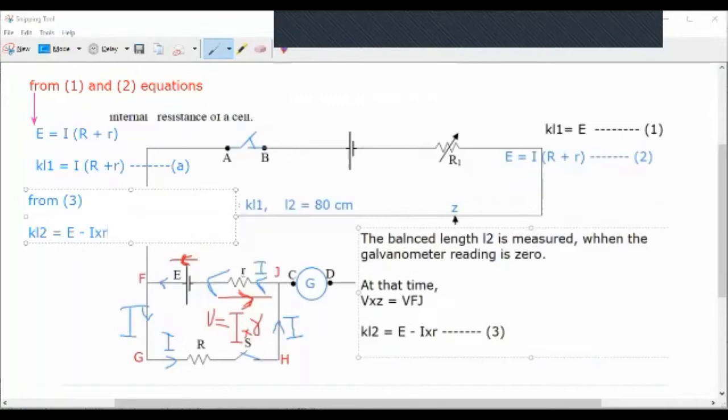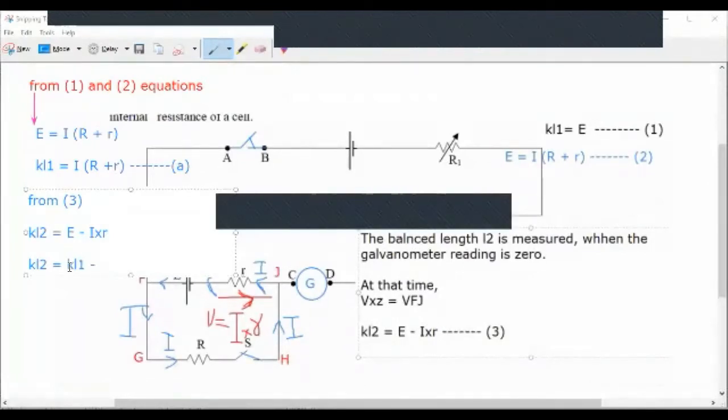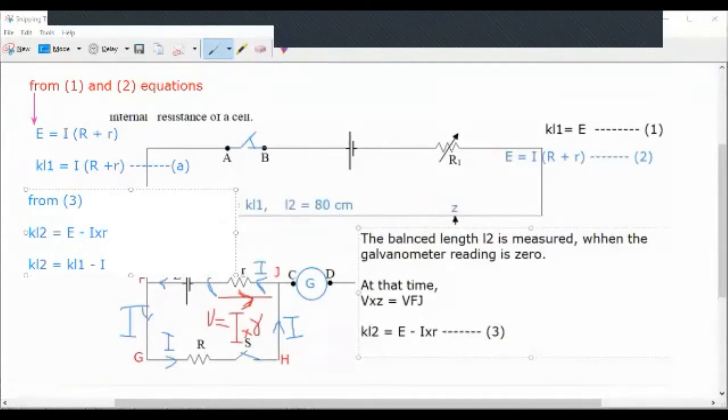I'll keep KL2 as it is, but in the place of capital E, I can use the first equation. According to the first equation, E equals KL1. So KL2 equals KL1 minus I times simple r, with I times r not changed.